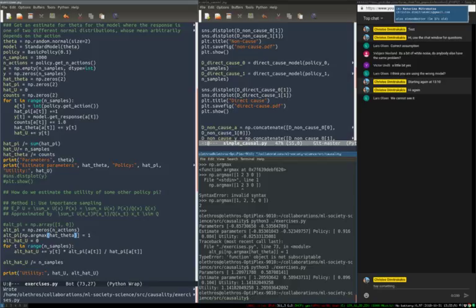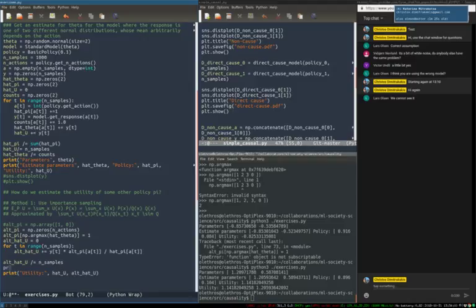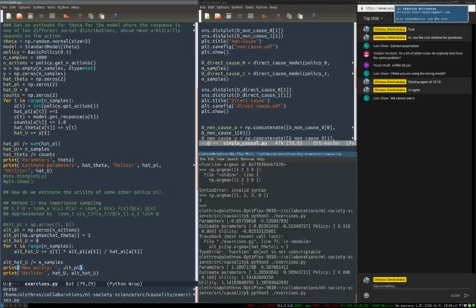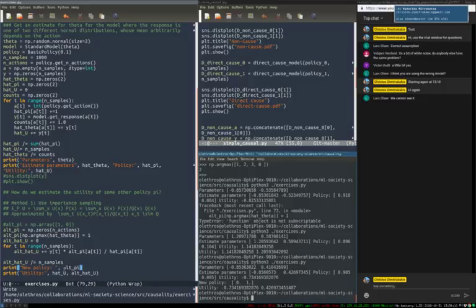Okay. So now we have a policy that is different from before. Okay. Let us bring in a new policy. And it should give us a better utility.